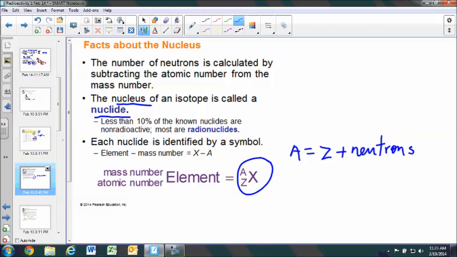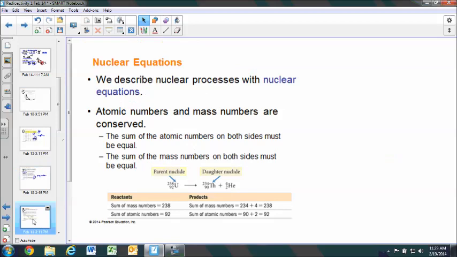So that would be an equation that we have to remember. If we have a reaction like this one here, for instance, where uranium-238 is giving up an alpha particle, that is 2 protons and a mass of 4, then whatever is left will have 2 protons less and 4 masses less.